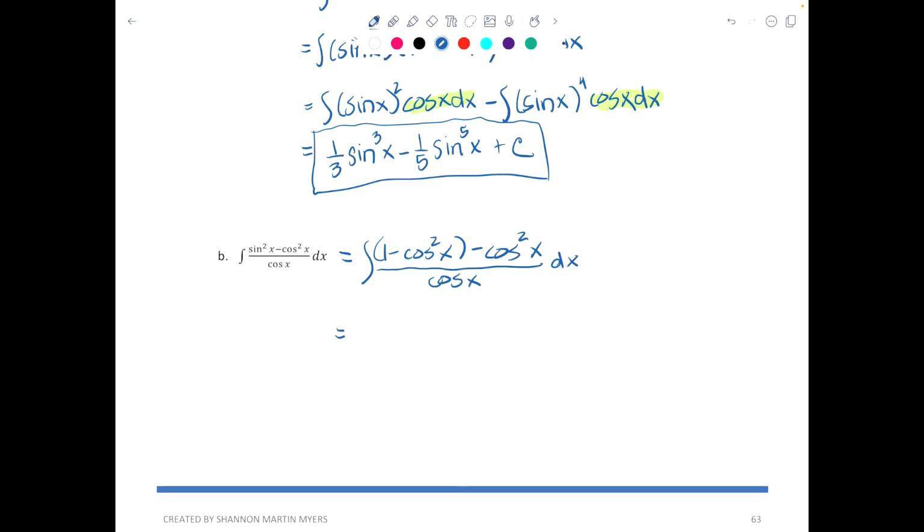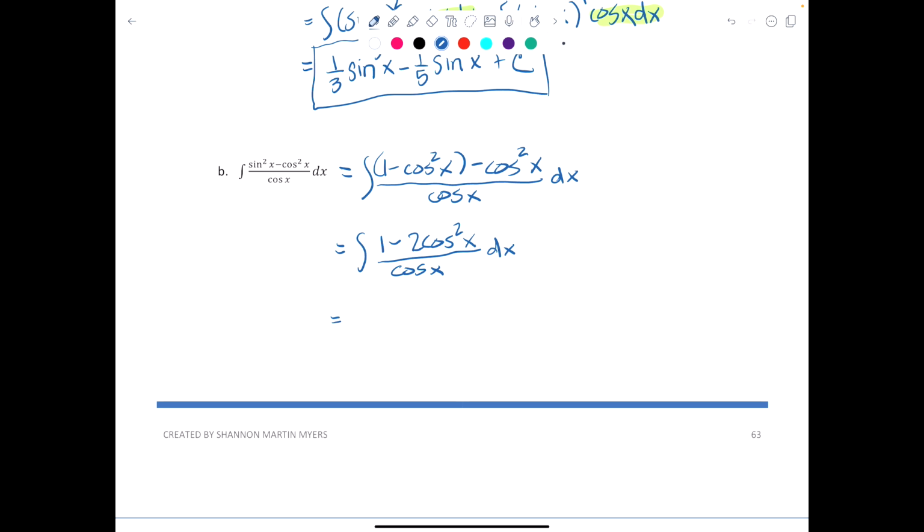So then I'll have the integral of 1 minus 2 of those cosine squared at x's over cosine at x with respect to x. But this is equivalent to 1 over cosine at x, which is secant at x dx, minus the integral of 2 cosine at x dx. So all I did was divide through by cosine and separate the integrals.